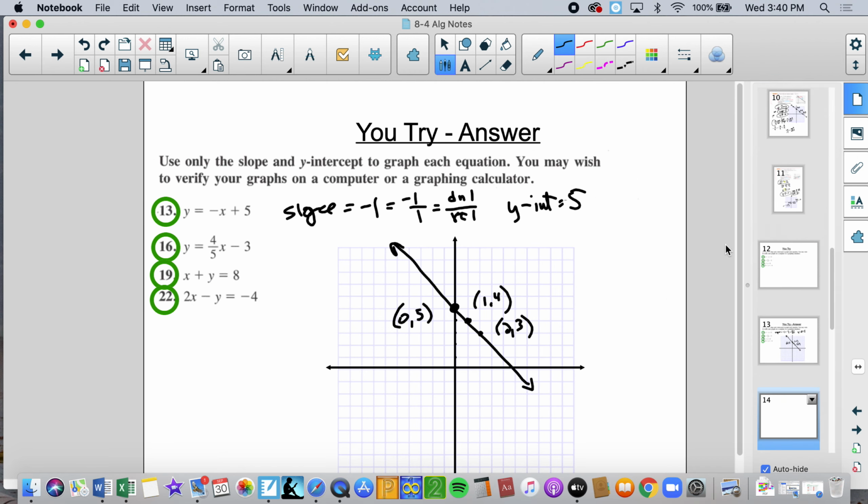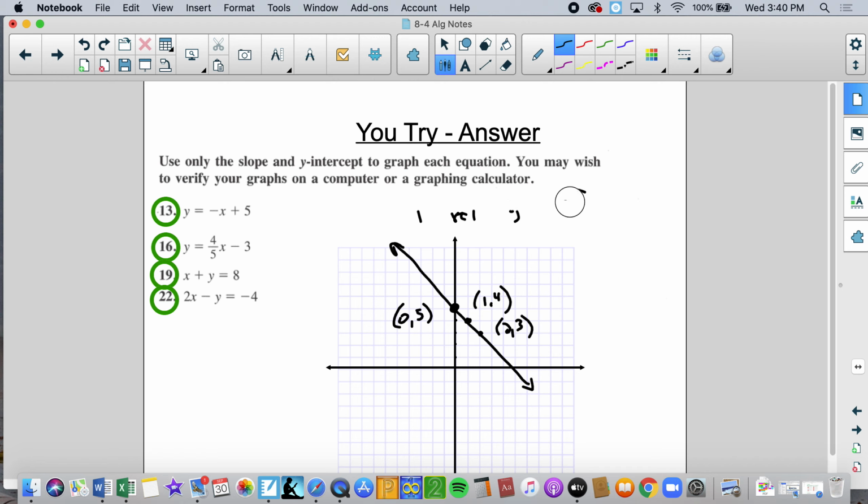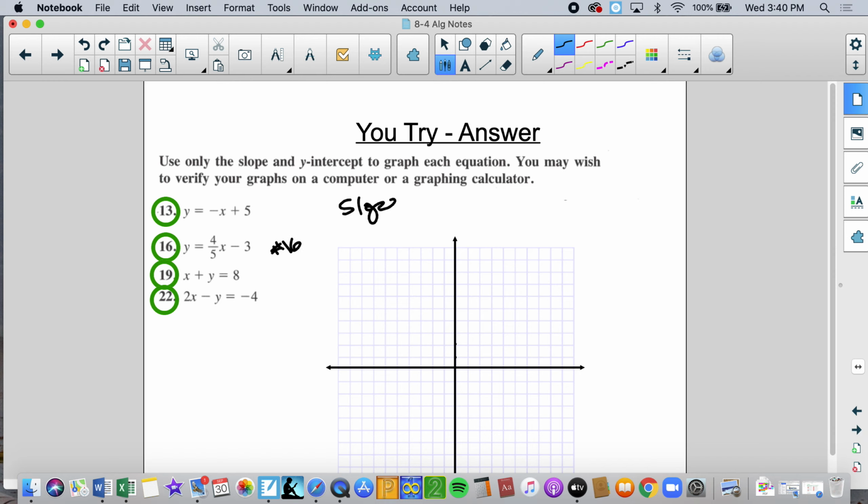Let's clone this page and erase this. That was number 13. This is going to be number 16. So in number 16, my slope equals 4/5, and my y-intercept equals -3.